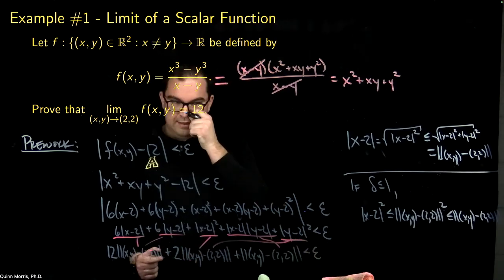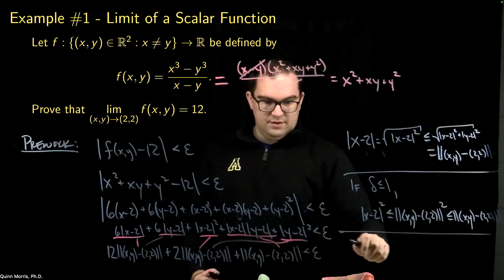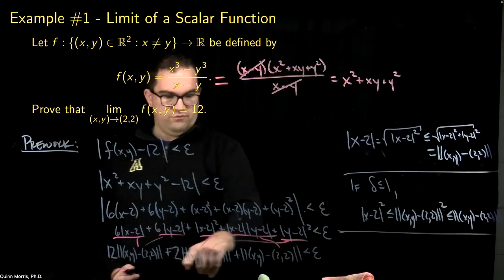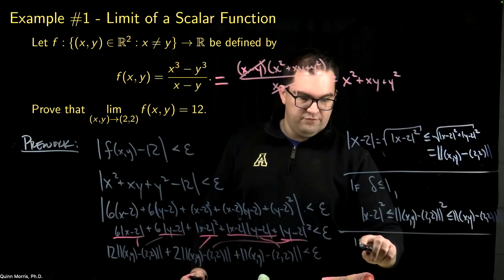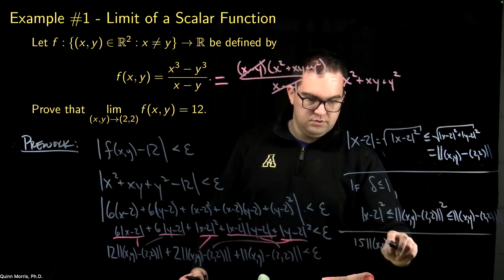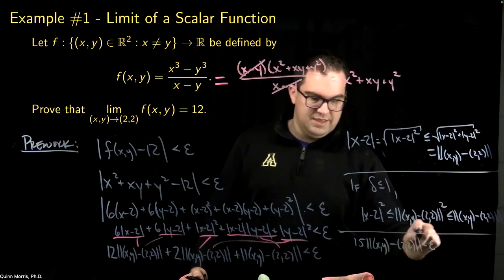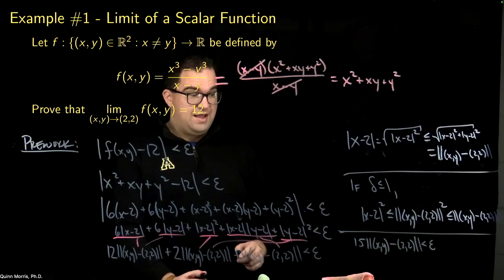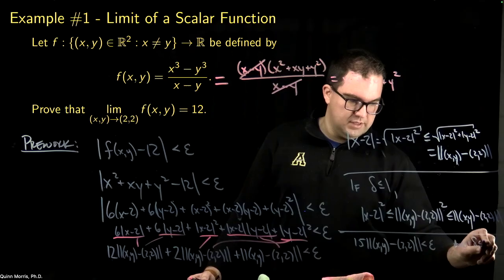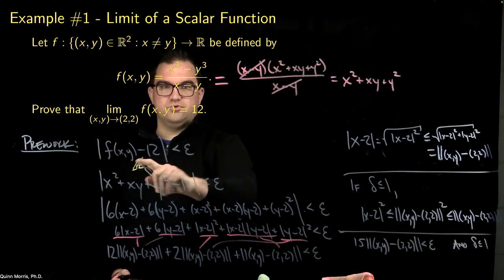So at the end of the day, what all of this is giving me is that these are all the same. So I've got 12, 14, 15 of those. So if 15 times the norm of (x,y) minus (2,2) is less than epsilon, if that holds, and I also need to make sure my delta is less than or equal to 1, then I will have that this is true.